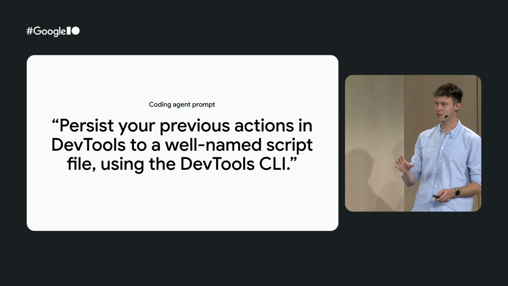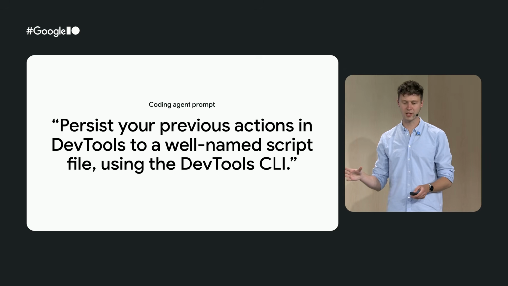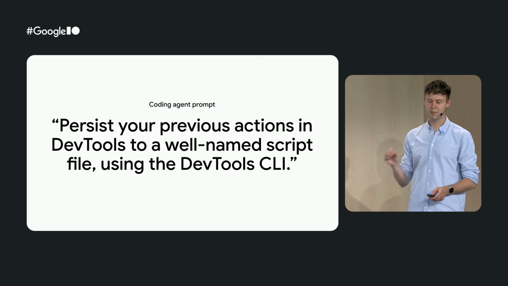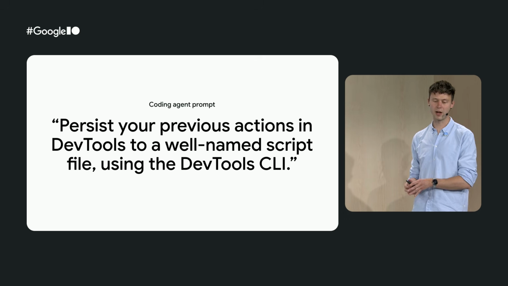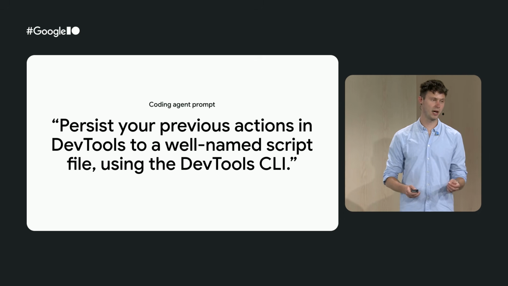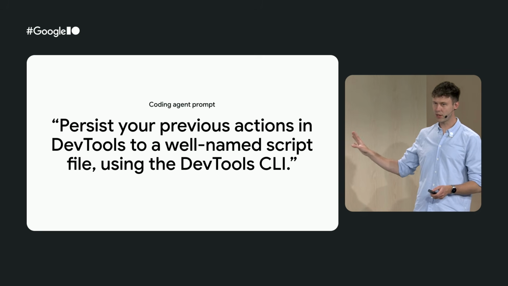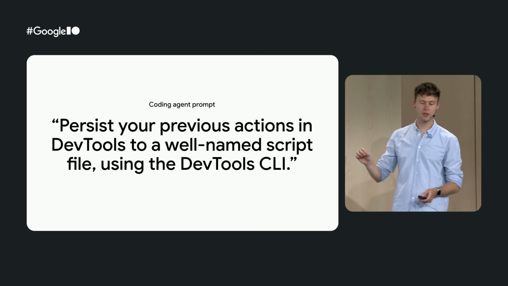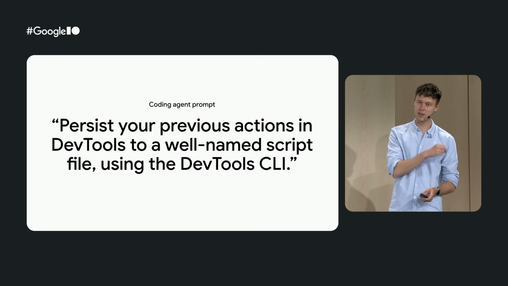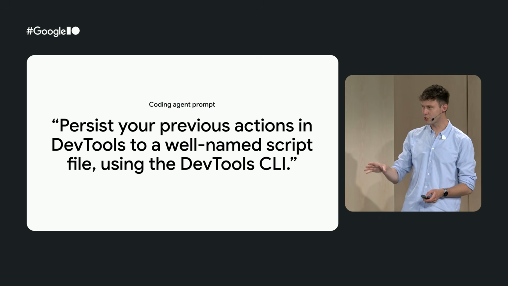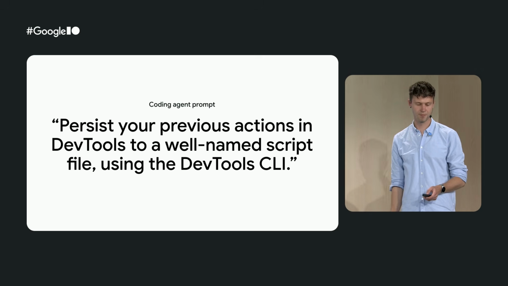After you're done with your debugging flow with Chrome DevTools for Agents, just prompt: Persist your previous actions in DevTools to a well-named script file using the DevTools CLI. When you try a prompt like this, make sure that your coding agent has access to the DevTools CLI and the related skill, which teach it how to use the CLI.